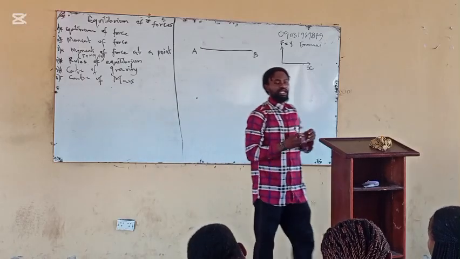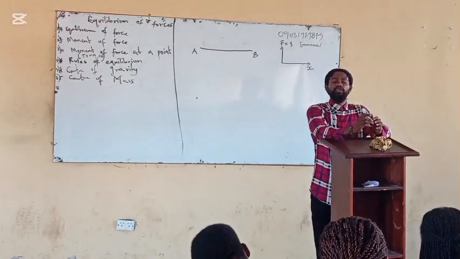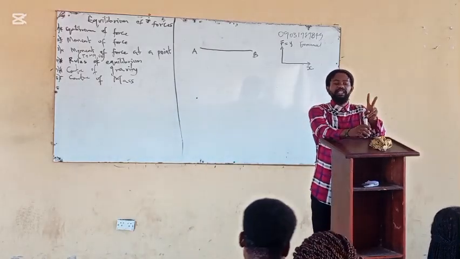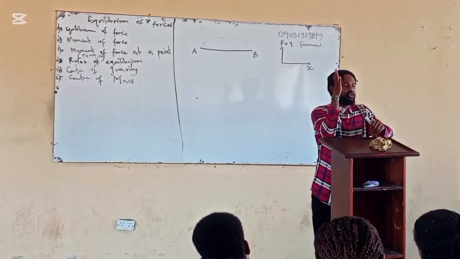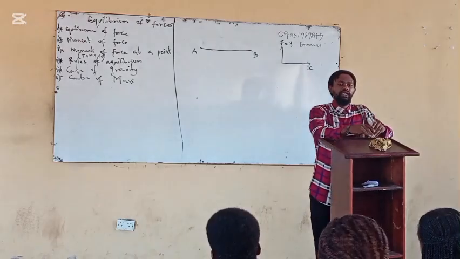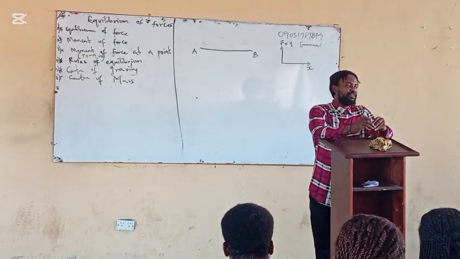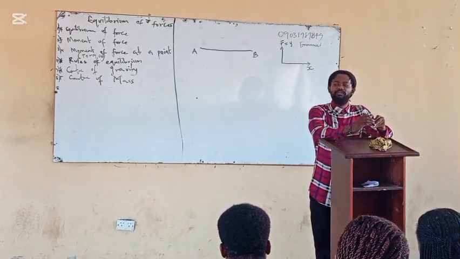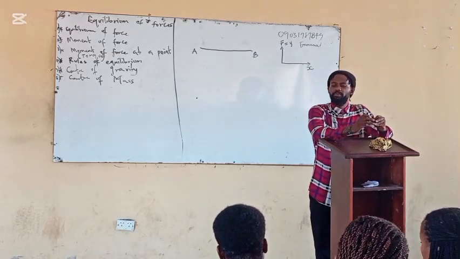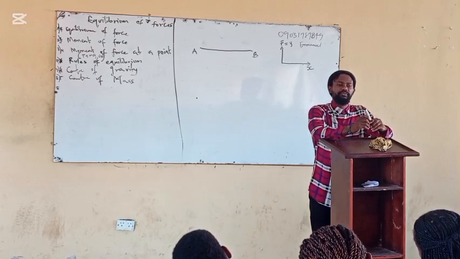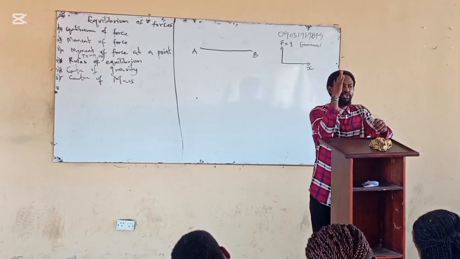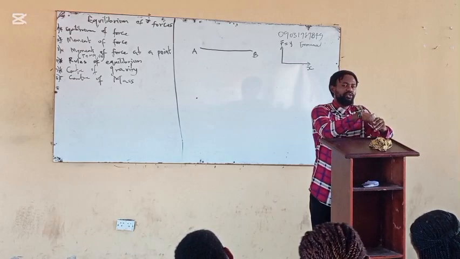The first rule: there are so many of them, but all of it can be classified into just 2. The first one is that the sum of upward force must be equal to the sum of downward force.